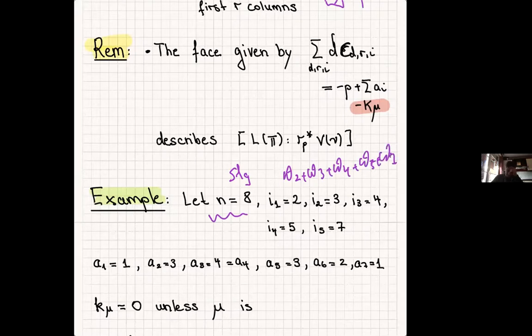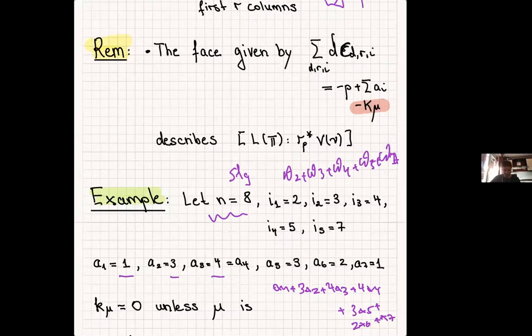And let's take alpha_1 plus 3 alpha_2 plus 4 alpha_3 plus 4 alpha_4 plus 3 alpha_5 plus 2 alpha_6 plus alpha_7 and no alpha_8. These are exactly these numbers now.